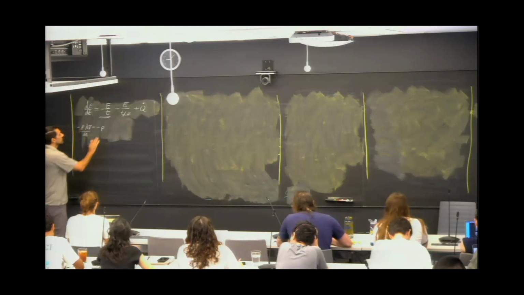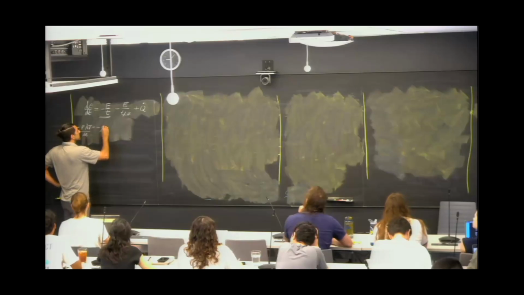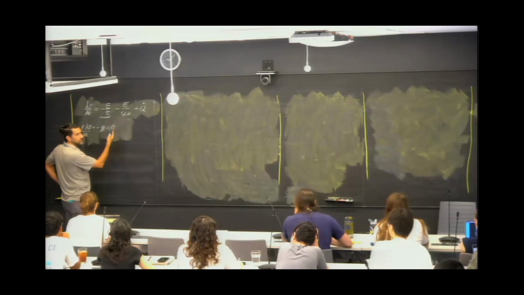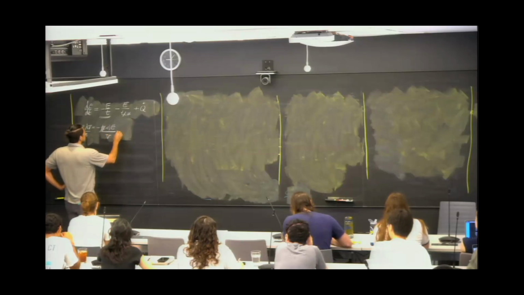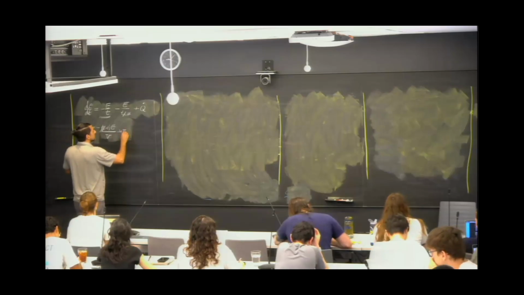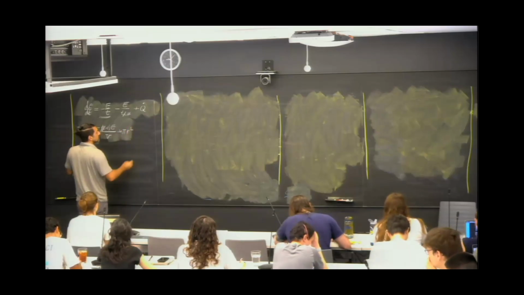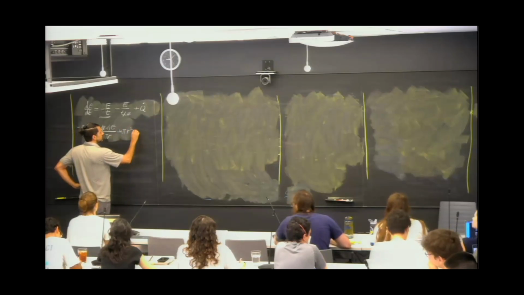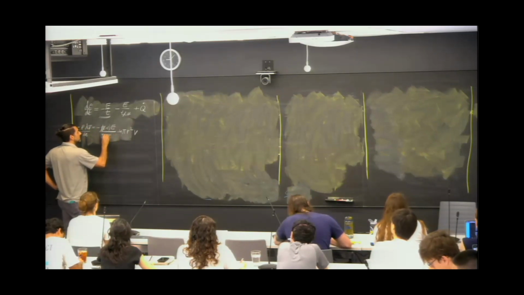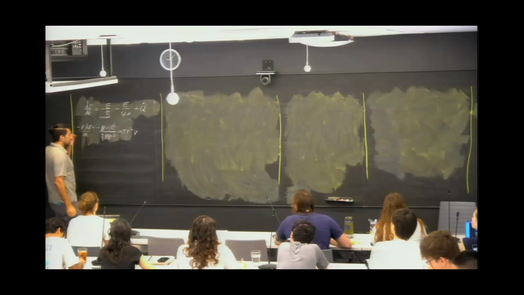Pressure is given by gamma minus 1 times the specific internal energy, so internal energy divided by volume. And the dV/dt is 4 pi r squared times dr/dt, which is velocity v. And this we can replace by 4/3 pi r cubed.